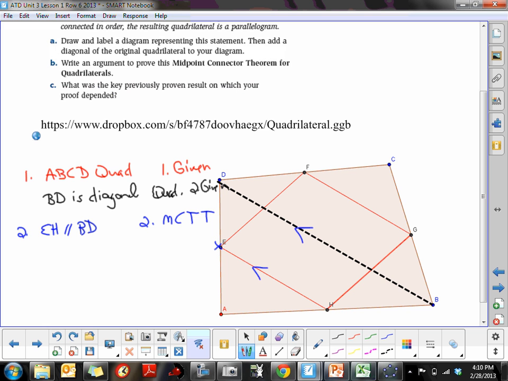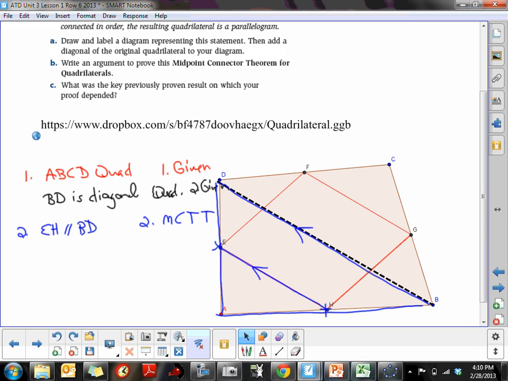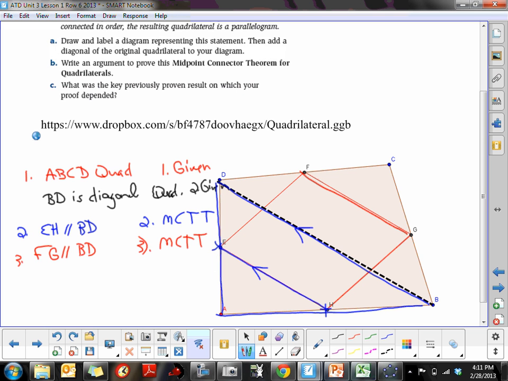Again, keeping in mind that when we find the midpoints of any triangle, then if we connect those midpoints together, this midpoint connector has to be parallel to the base. And then we're going to do the same thing on the top. Step 3, we know that FG has to be parallel to BD, again by the midpoint connector theorem of triangles.